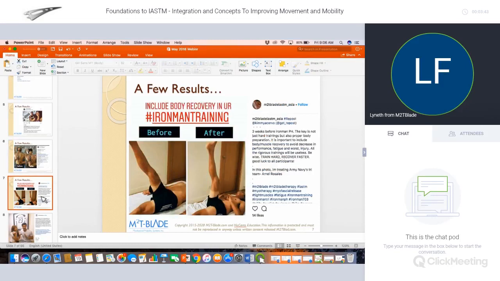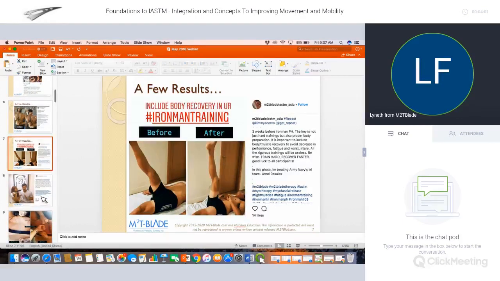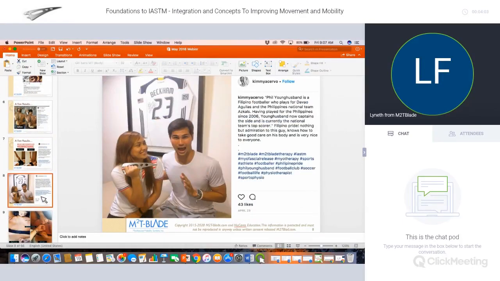Here's another one, one of our Ironman athletes. Again, these are just screen grabs right off Instagram. On the left is before, in what's called the straight leg raise test. This is working on glute med, glute max, hamstring, and gastroc to improve that mobility. You see a true Ironman athlete with that crazy tan line.